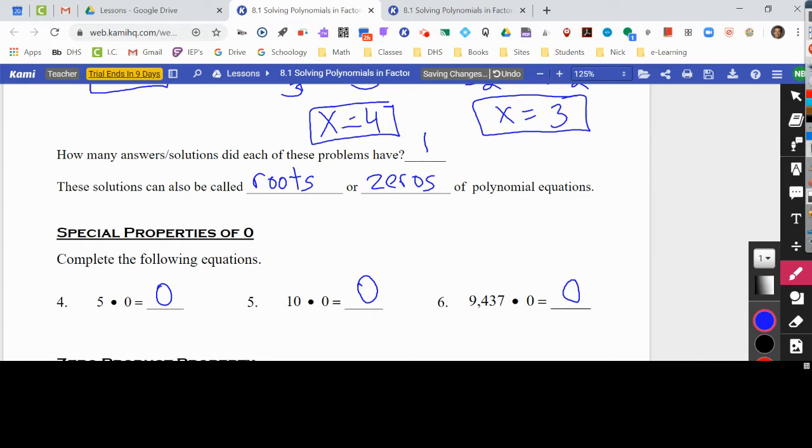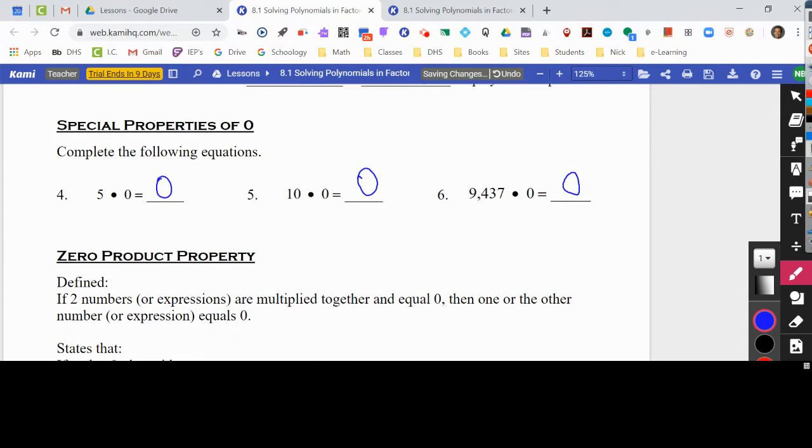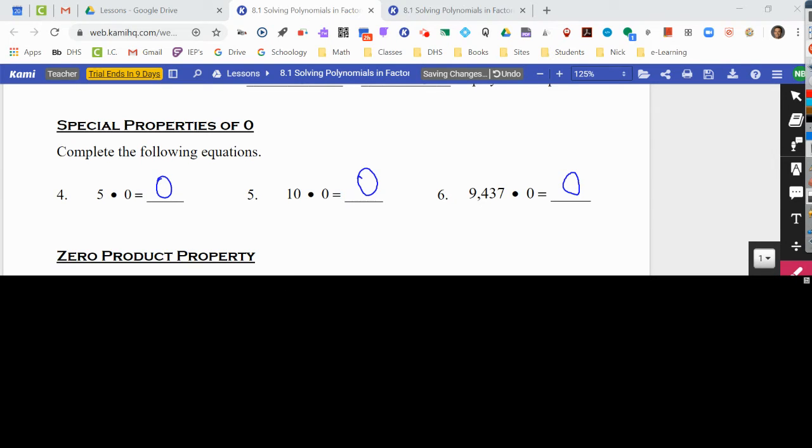So now we're going to apply this special property of 0 into a new property called the zero product property. Product means multiplying something, and property is just what we're going to call this.